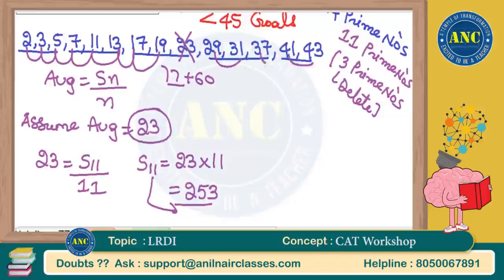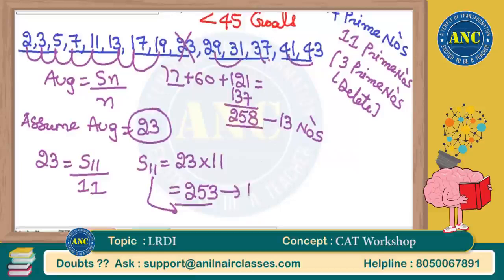This is 84, 84 plus 37, 121. So it is nothing but 137, 137 plus 251, 258. 258 is the sum of remaining 13 numbers. 253 is the sum of 11 numbers. What is the difference? Difference is 5.